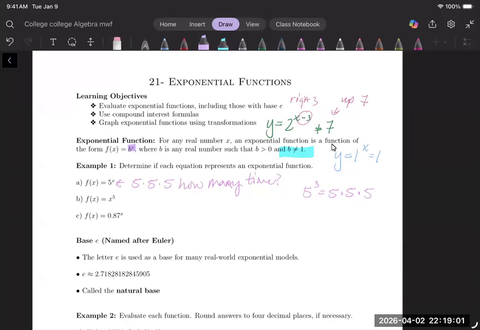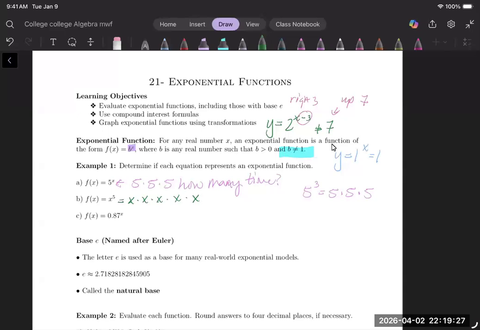Versus x to the fifth, where x to the fifth very specifically says this is x five times: 1, 2, 3, 4, 5. Hopefully that makes sense. So the variable is the base, as opposed to A, where the variable is the exponent.